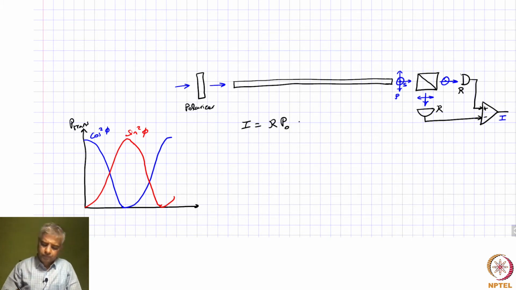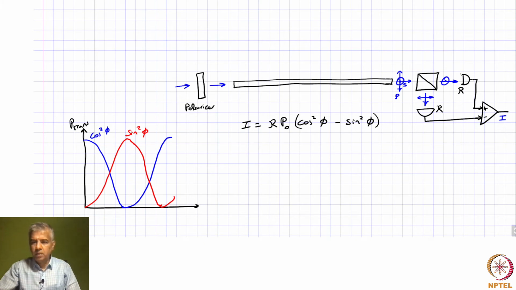Then you have essentially cos square of phi minus sine square of phi, right? Because in this port you are picking up the cos square component, and in this port you are picking up the sine square component.